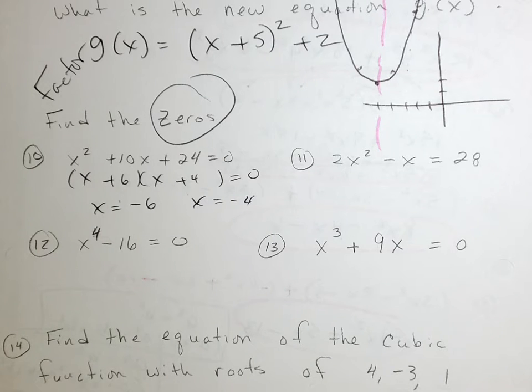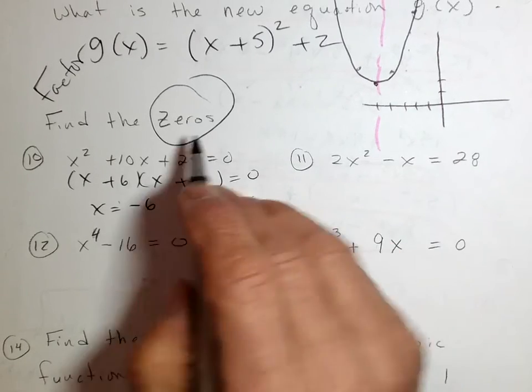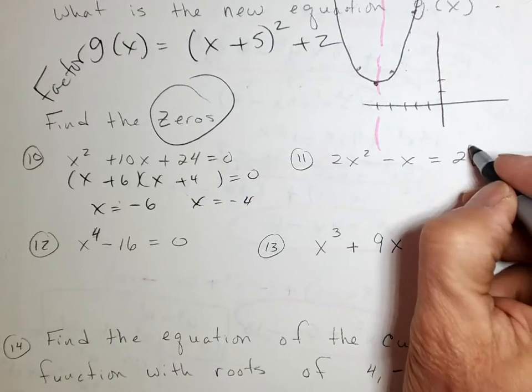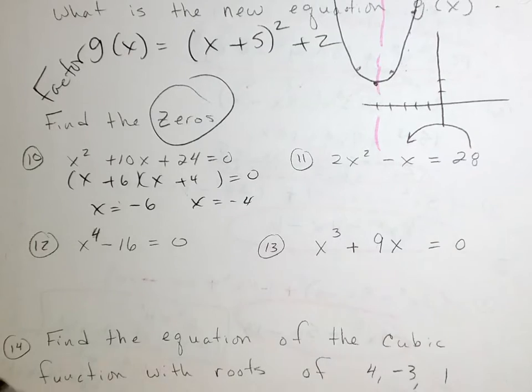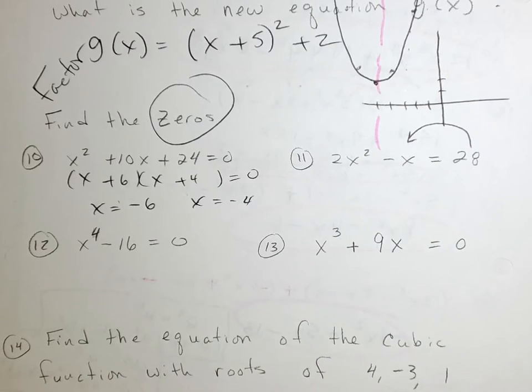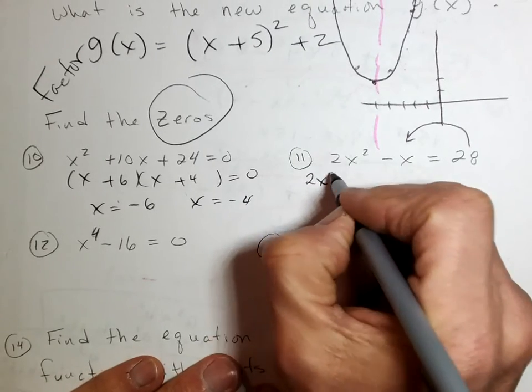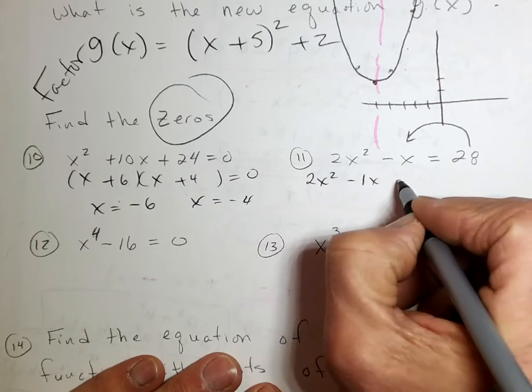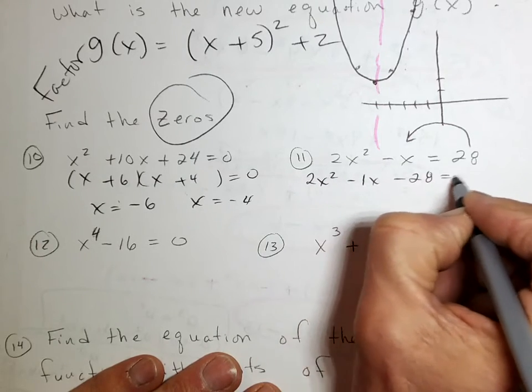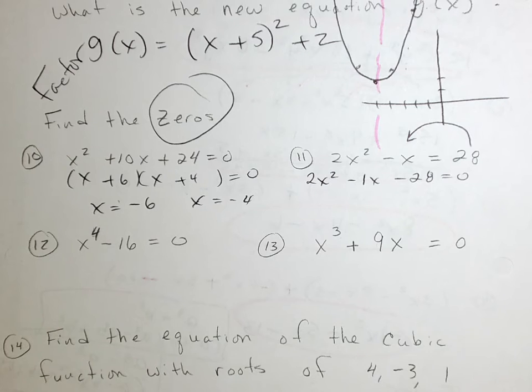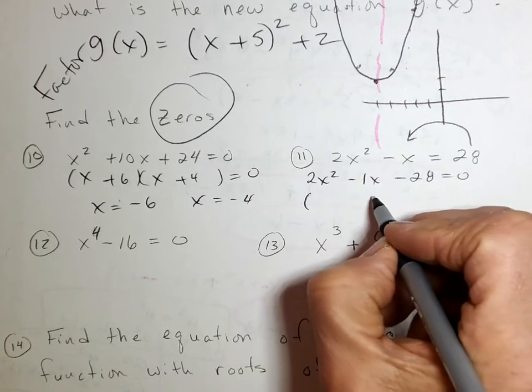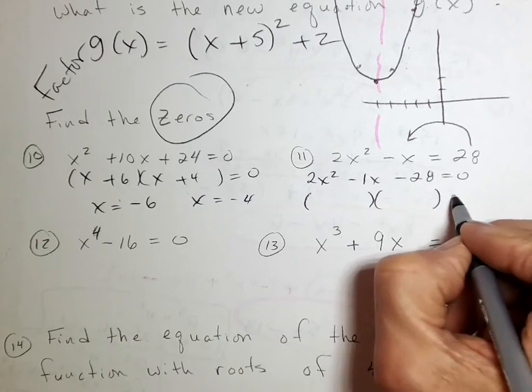All right, 11. Well, if you're going to factor or find the zeros, let's make it equal to 0. So we'll bring the 28 back over with the rest of them. So let's go 2x squared minus 1x minus 28 equals 0. Okay, so I brought the 28 over. I got to factor.